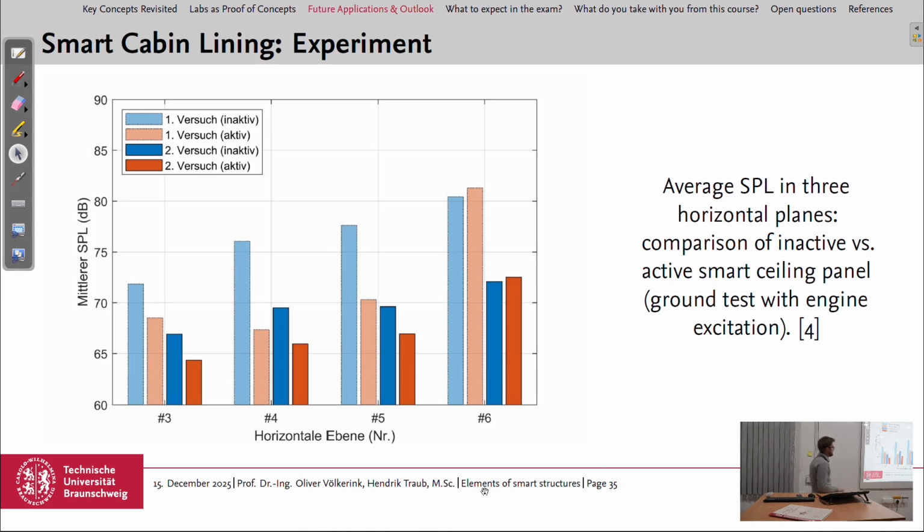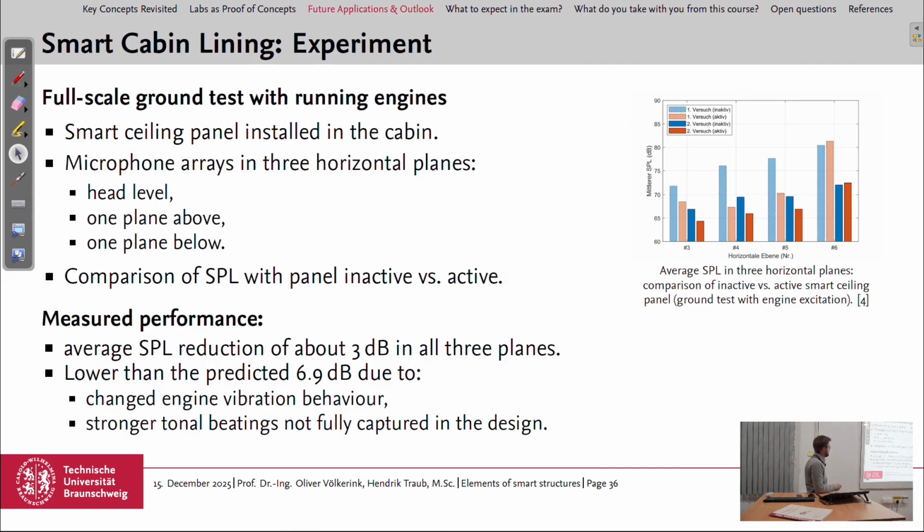So the outcome is that except for the last horizontal plane, it worked well for the other planes. They could achieve a sound pressure level reduction of 3 decibels in 3 planes, but a lower reduction than the experimentally predicted one with all the assumptions in the design study.